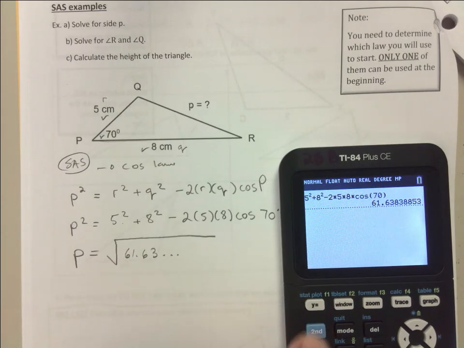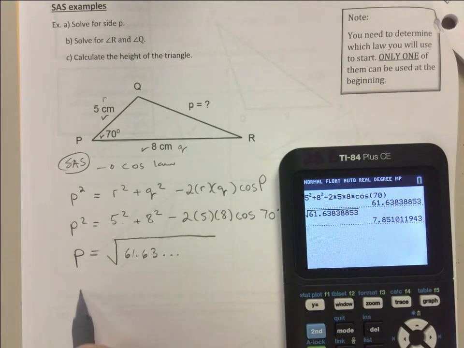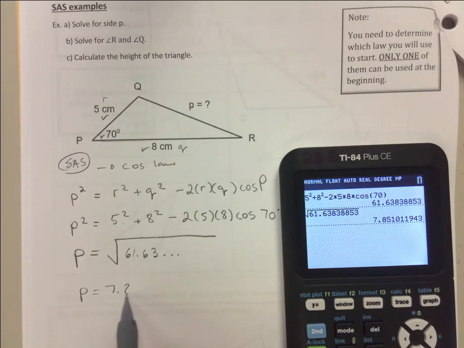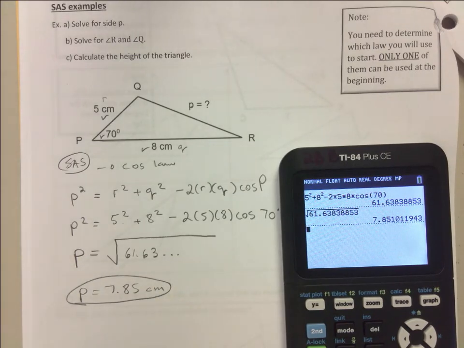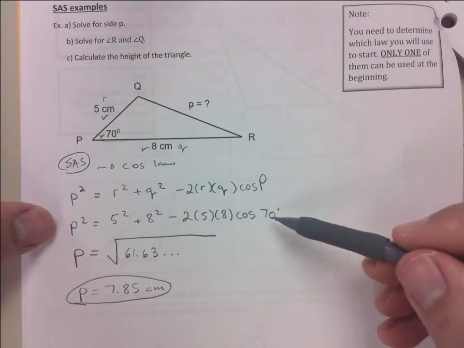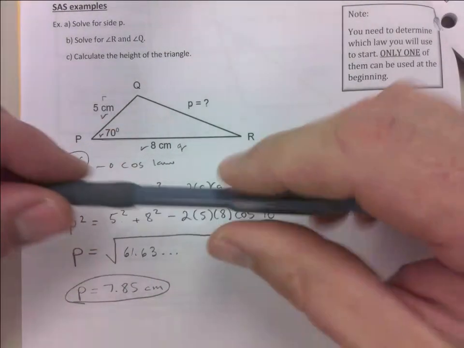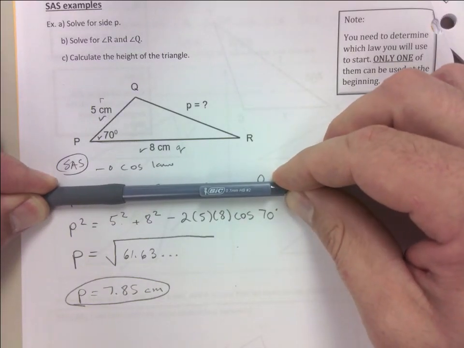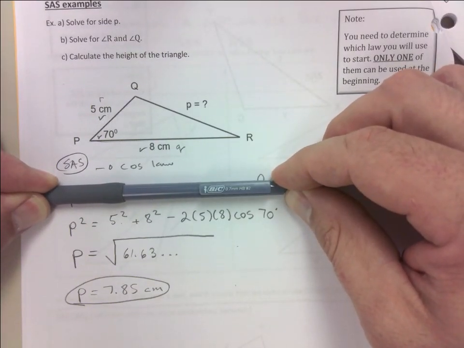So you go second, x squared, to get the square root, then go up, copy, and paste, and you hit enter, and that is your final answer. 7.85. We are in centimeters. So technically, folks, you can do this in 3 lines. If you omit the very first step, this can be solved in 3 lines.